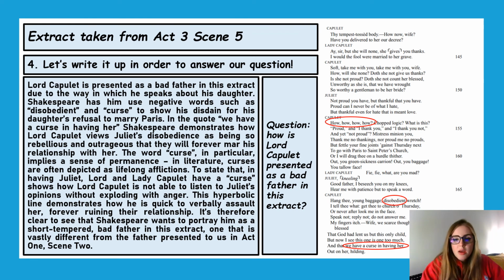To state that in having Juliet, Lord and Lady Capulet have a curse shows how Lord Capulet is not able to listen to Juliet's opinions without exploding with anger. This hyperbolic line, so again I'm just trying to get some AO2 in there, this over-exaggerating, basically, demonstrates how he is quick to verbally assault her, forever ruining their relationship. It's therefore clear to see that Shakespeare wants to portray him as a short-tempered bad father in this extract, one that is vastly different from the father presented to us in Act 1, Scene 2.